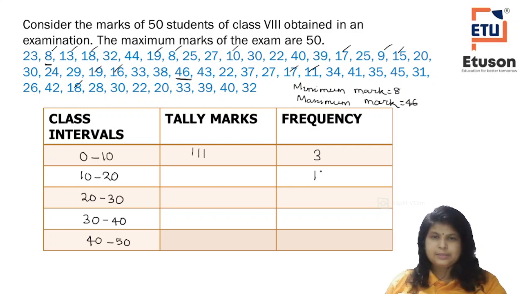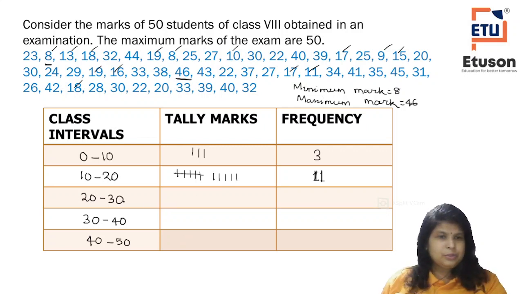So your frequency is 11. Okay, so 1, 2, 3, 4, 5, 6, 7, 8, 9, 10 and 11. So here frequency is 11 and the tally marks have been drawn.